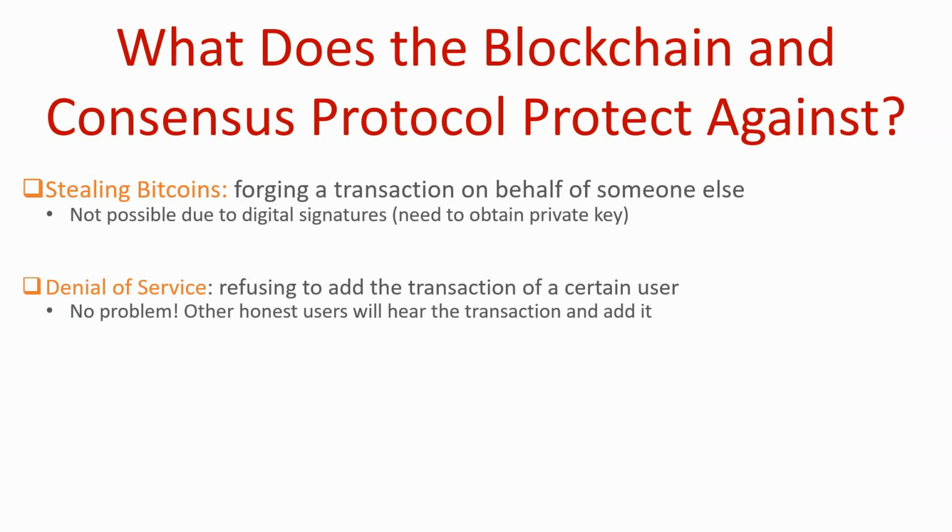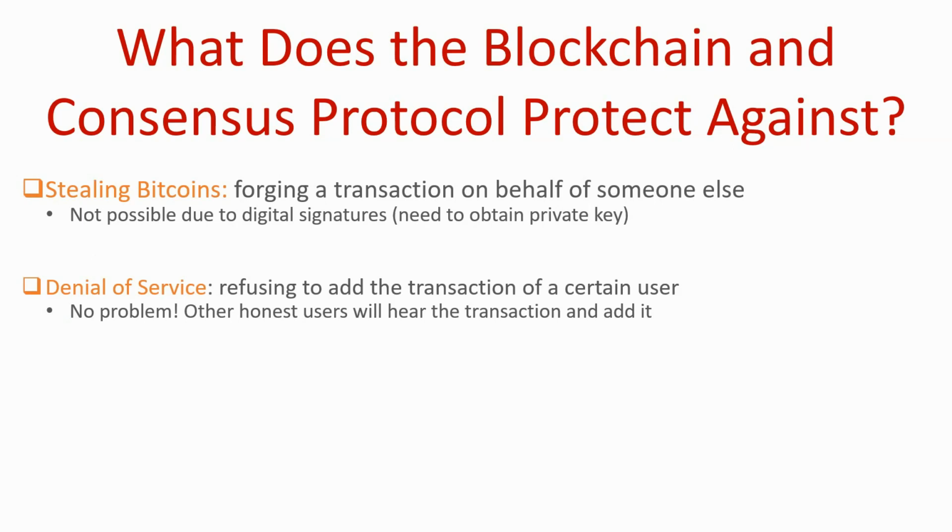What happens actually in a cryptocurrency when someone generates a transaction and broadcasts it in the network? Everyone who receives this transaction must actually validate it. They must check that the digital signature is valid, and they must check that it is not already existing in the blockchain. So stealing Bitcoins is not possible.